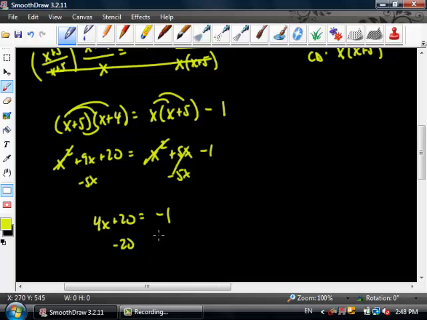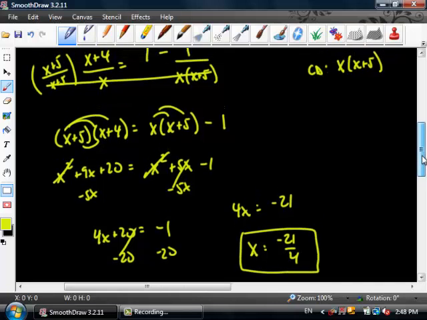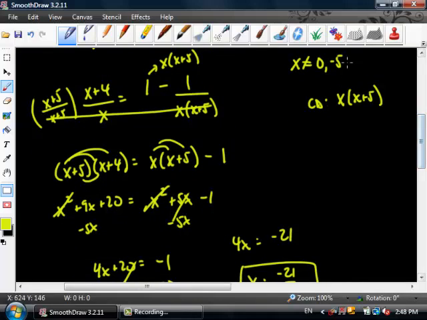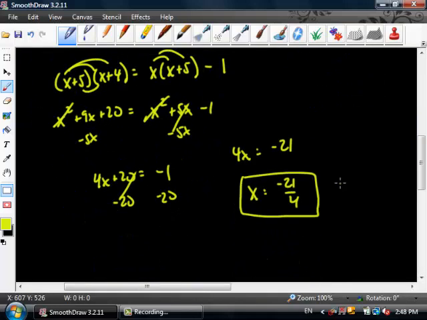I'm going to subtract 20 from both sides. I get 4x equals negative 21. X equals negative 21 over 4. And does that interfere with my domain? Nope. So I'm good. You good with that, David? Yes, yeah.